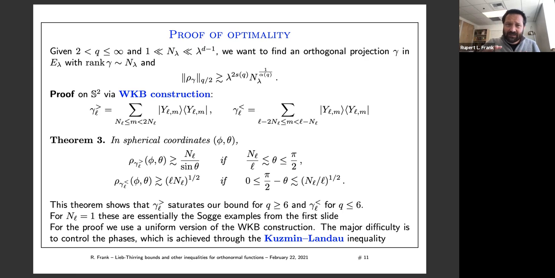So you see, we take very explicit spherical harmonics or linear combinations of spherical harmonics, and then you have to start to work. So you evaluate this gadget now on the diagonal, right? So these are just these YLMs evaluated at a point, which in spherical coordinates I write as phi times theta. And then we have to estimate the size of these things because we want the lower bound.